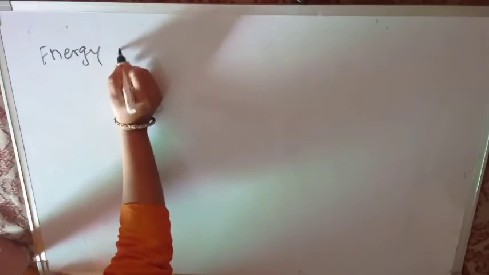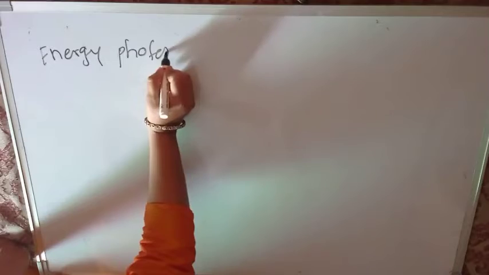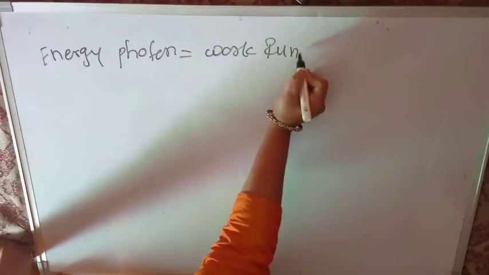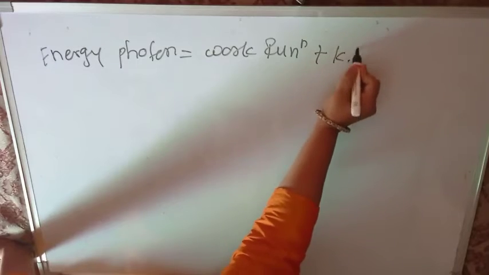Now the equation: the energy of the photon is equal to work function plus K max.